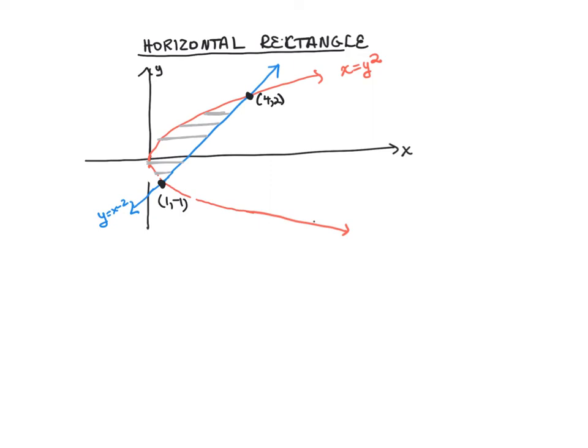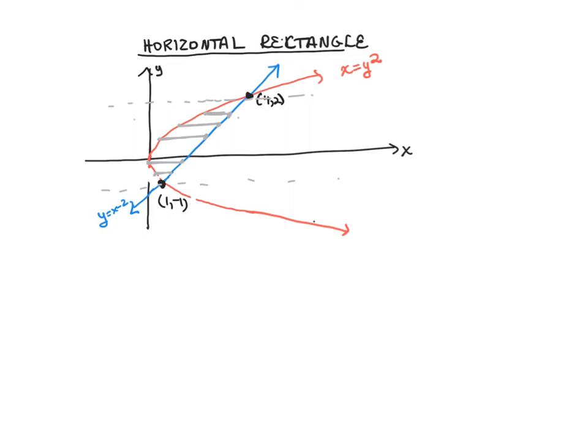Notice that the right function, or the top of the rectangle, always hits the blue line, and the bottom of the rectangle, or the left side, always hits the red curve. So with horizontal rectangles, we would need one integral. So again, the catch is we have to isolate x.